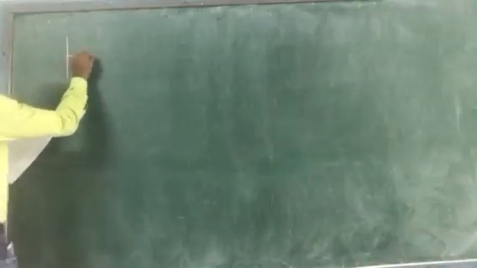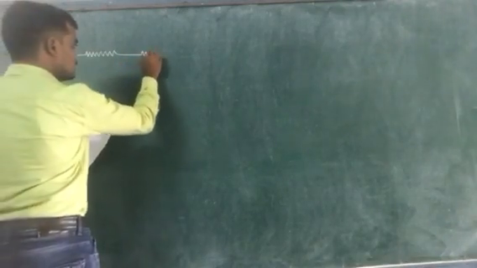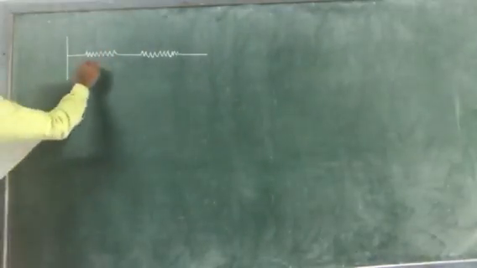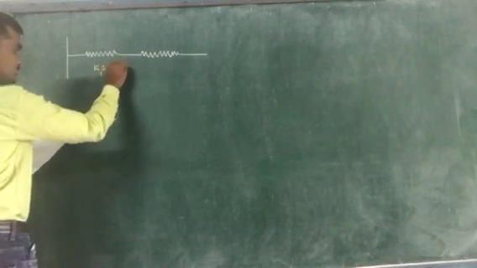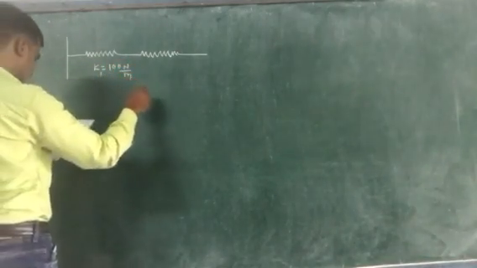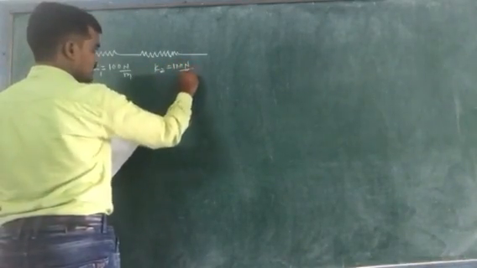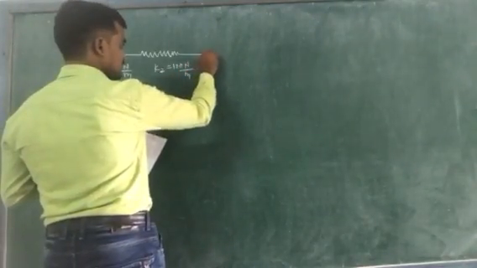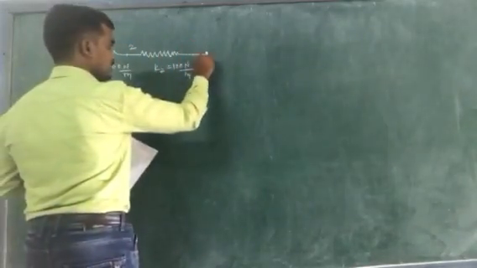Here it is given that there are two springs in the system, with spring constants, or stiffness, K1 equal to 100 Newton per meter and K2 equal to 100 Newton per meter. There are three nodes, 1, 2 and 3.